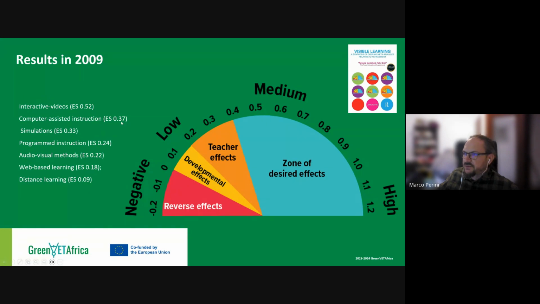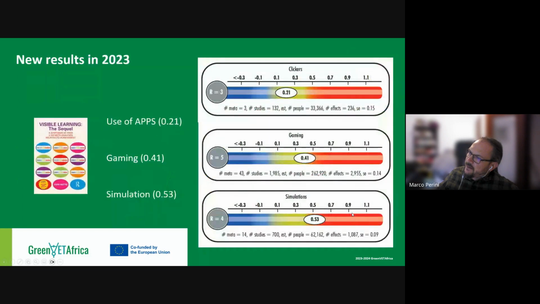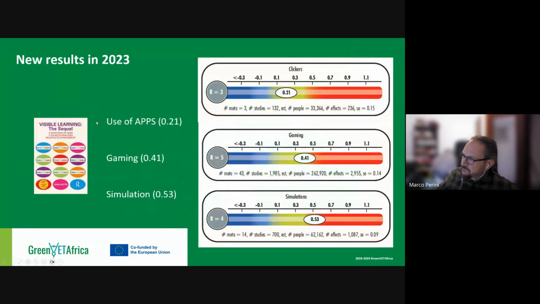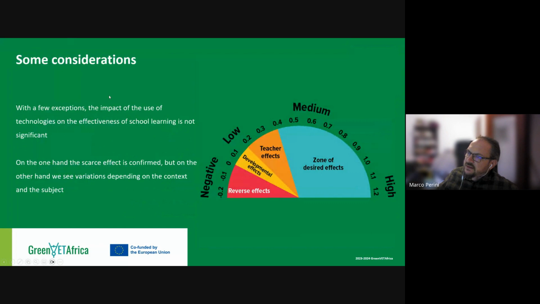Computer-assisted instruction is 0.37, as in teacher effects, etc. These are several results about the impact of several technologies studied by Hattie. And after this, there is the list of considerations that I was listing you. Briefly, a reprise of these considerations.